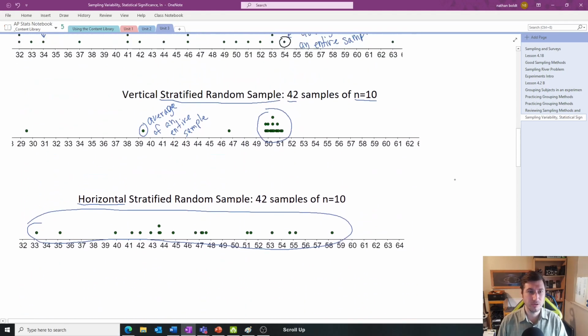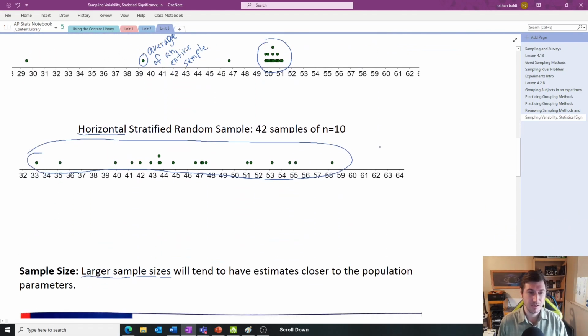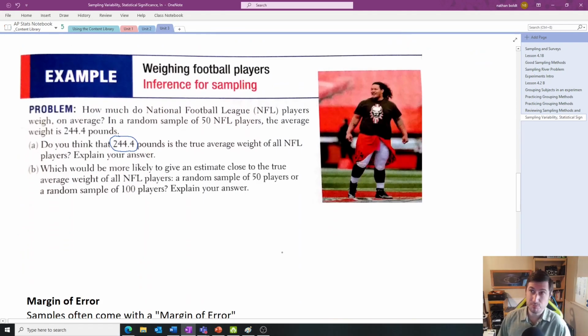So we don't know, hey, did we get this dot right here way on the low end? Or maybe did we get this dot way over here? Or maybe we got one right in the middle. We only did one sample. We don't know for sure. Okay? And so we know that this 244.4 is probably going to be close. But we definitely know it can't be exact.